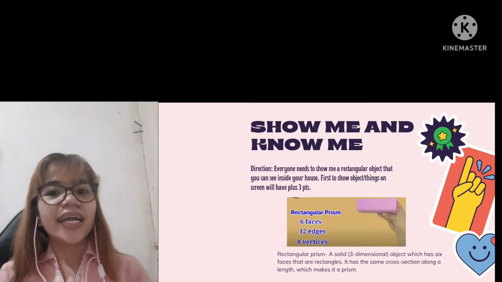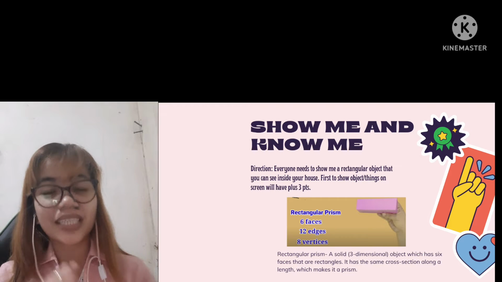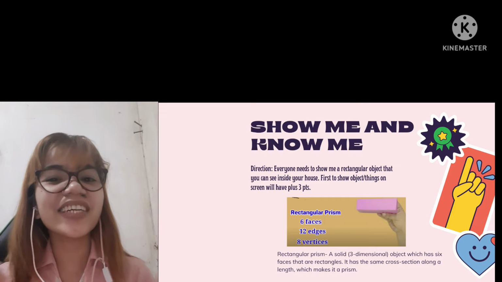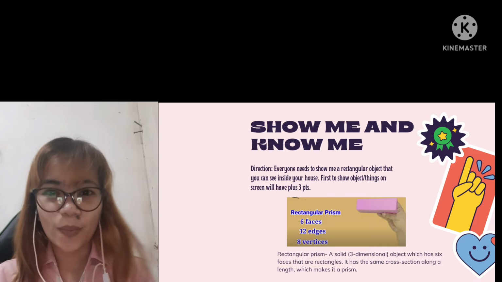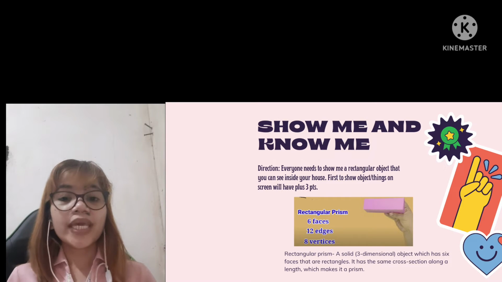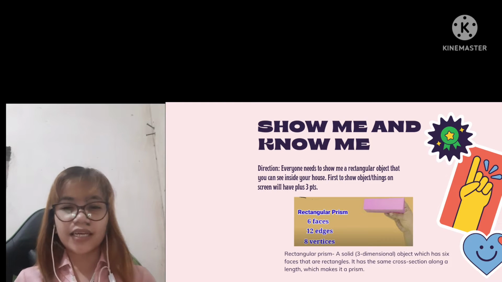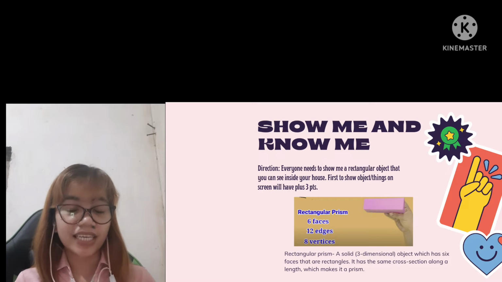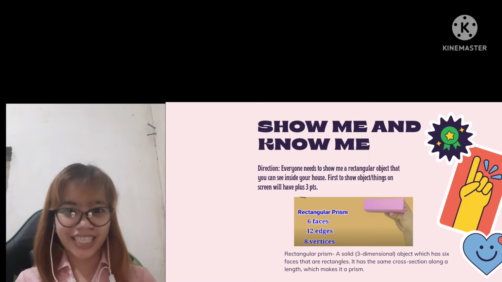And now, can anyone tell me what a rectangular prism is? Very good. Clap your hands, classmates. Thank you so much. Again, as discussed yesterday, we can say that this is a rectangular prism if it has 6 faces, 12 edges, and 8 vertices.